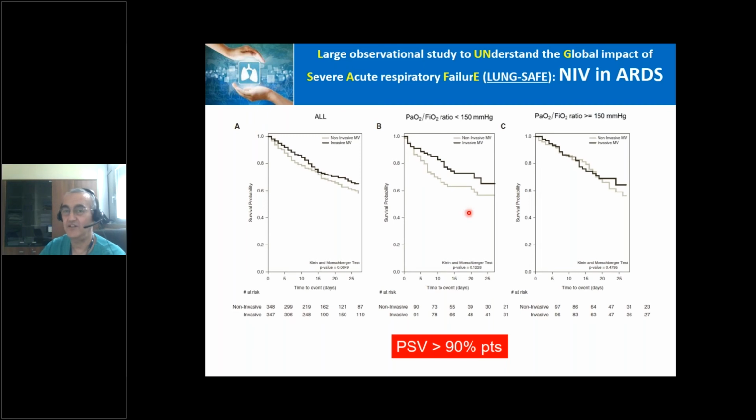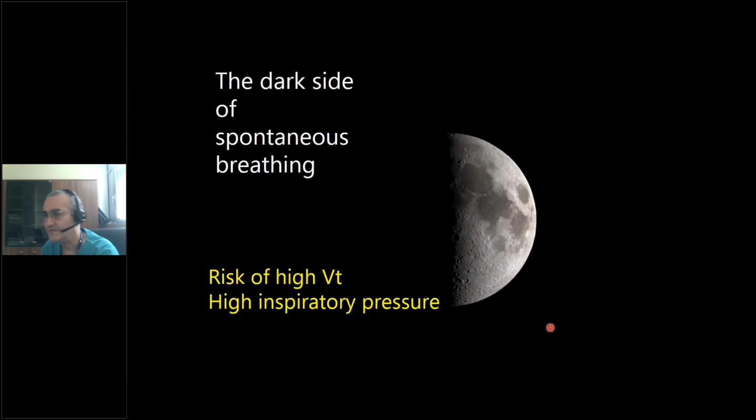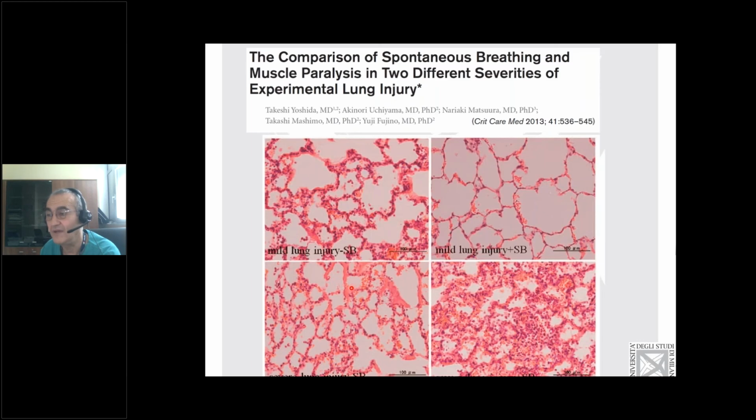First consideration. All over the world, non-invasive ventilation means, in more than 90% of patients, mask PSV: PEEP plus pressure support with a face total or orofacial mask. And I want you to consider the risk of keeping spontaneous breathing, with high tidal volume and high inspiratory pressure.